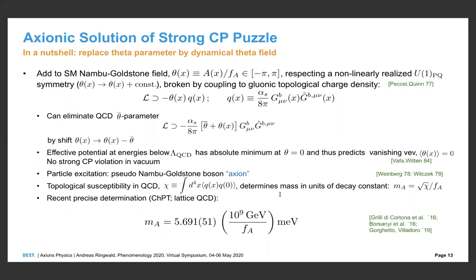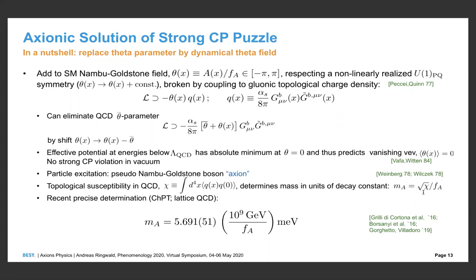susceptibility in QCD, which is the 2-point function of this topological charge density, and this determines the mass of this axion in terms of the decay constant.